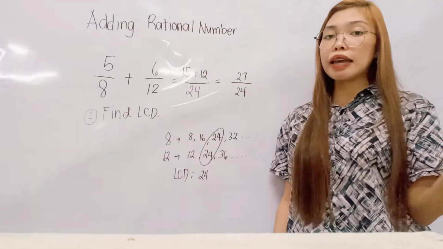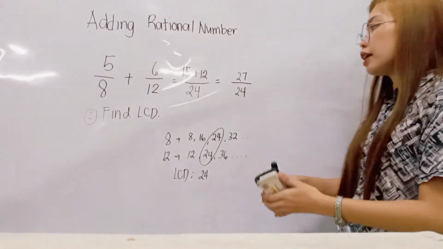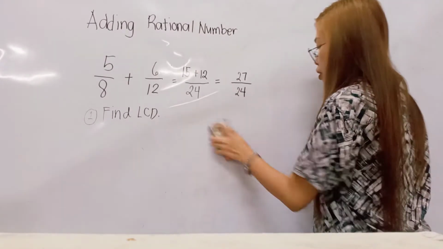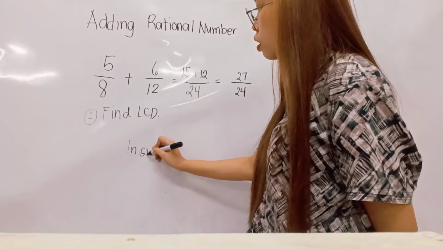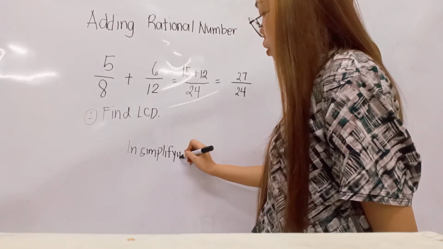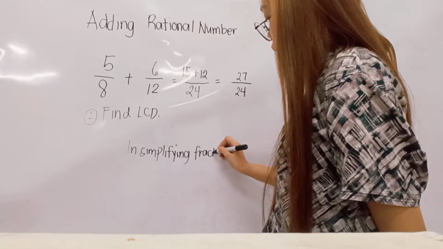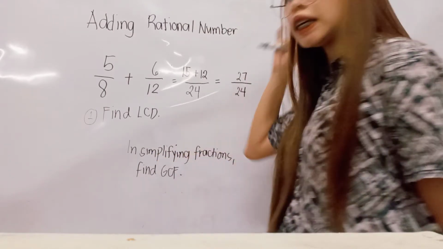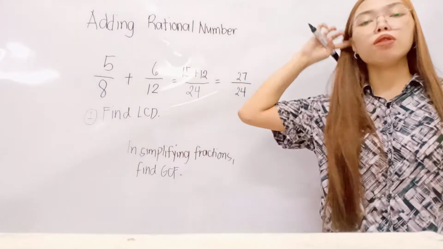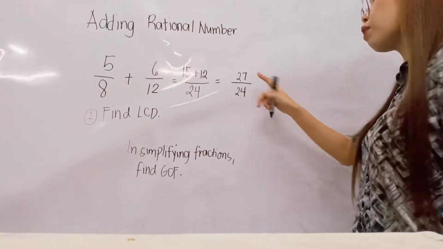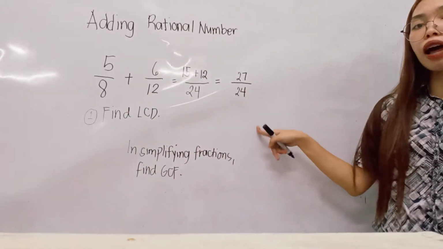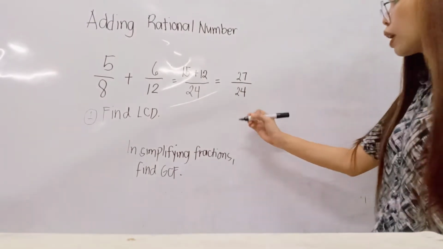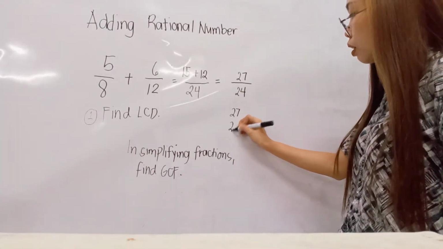In simplifying fractions po, we have to find the GCF, or the greatest common factor, of 27 and 24. The greatest number that we can divide both 27 and 24. So hanapin po natin.